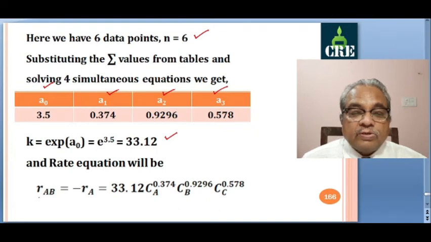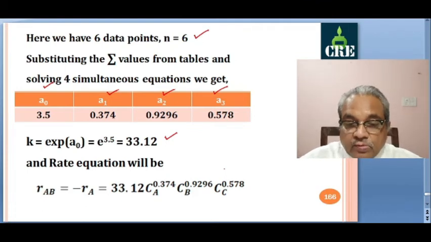So we can write the rate equation as rate of formation of AB is equal to rate of disappearance of A, that is equal to K, 33.12, Ca raised to A1, which is a, 0.374, A2 which is b, 0.9296, A3 which is c, 0.578. Okay.